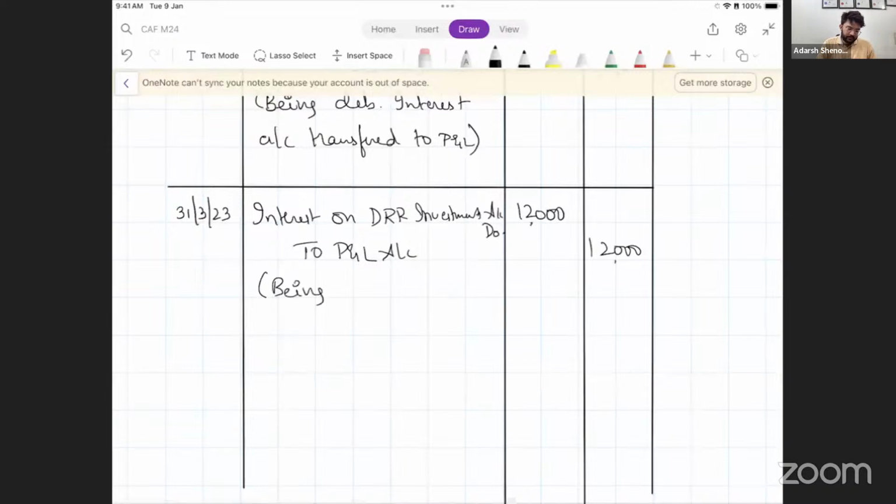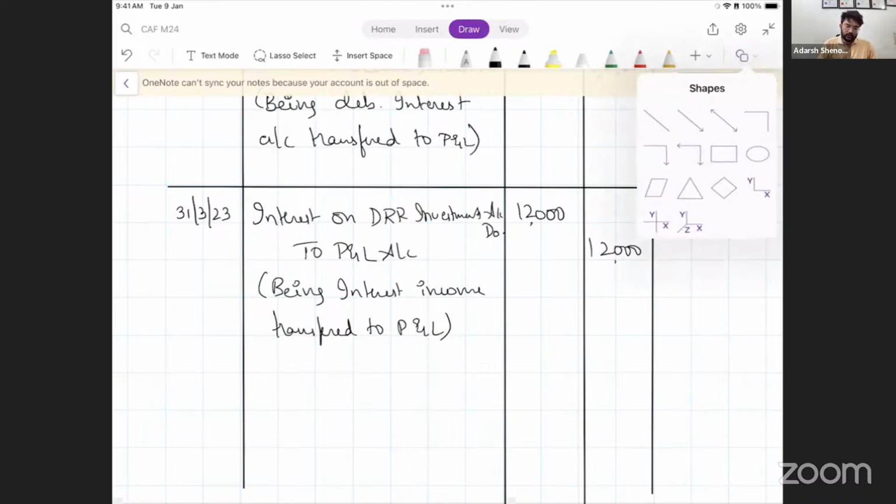Being interest income transferred to P&L. I hope this is clear. Very simple entries. So we are done with the routine entries.